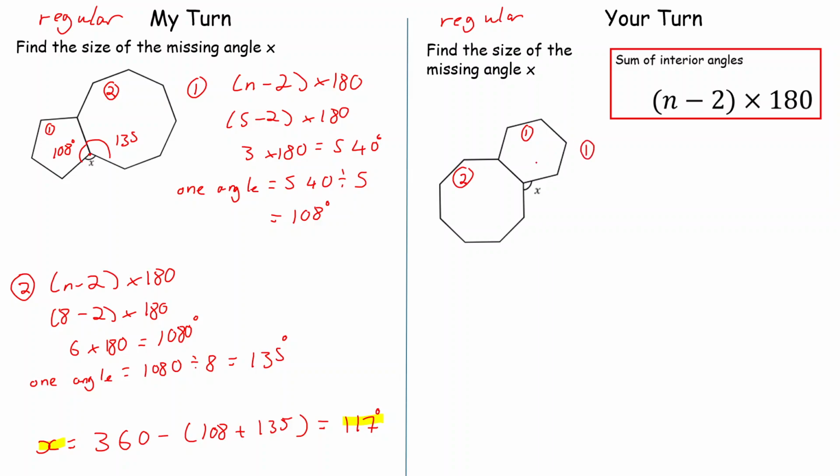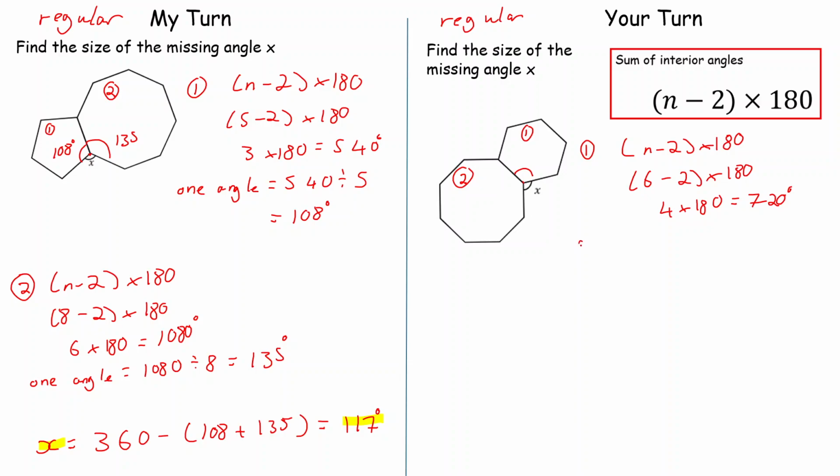Shape 1, you've got 1, 2, 3, 4, 5, 6, a 6-sided shape. So using our formula of n take away 2 times 180, the value of n is going to be 6. So 6 take away 2 times 180. You've got 4 times 180, which is equal to 720 degrees. And you want to find one of those angles, because we use angles around a point.